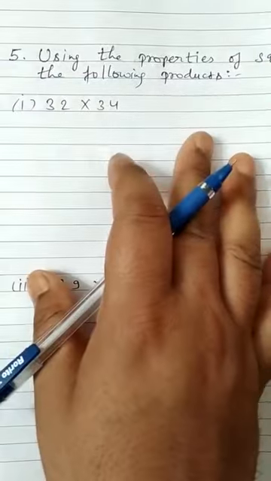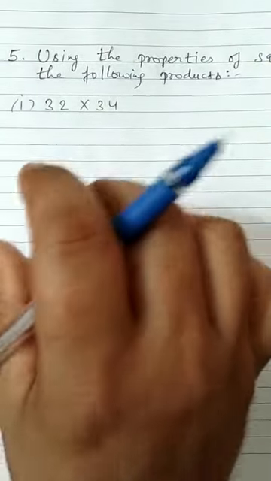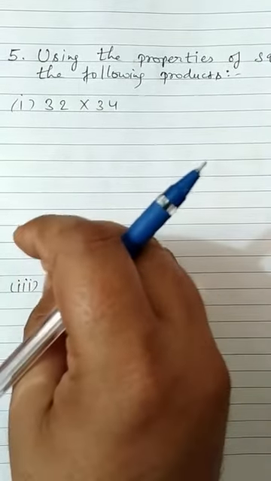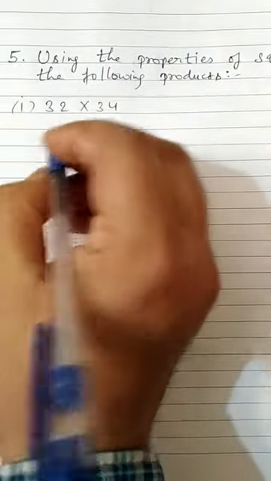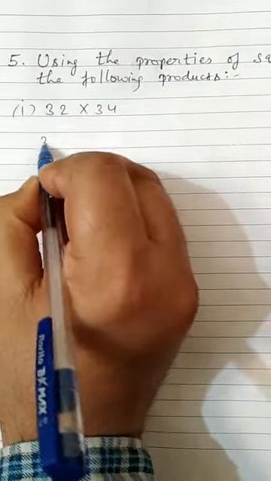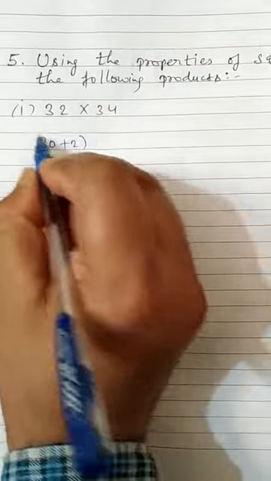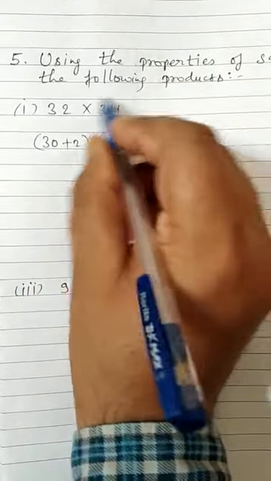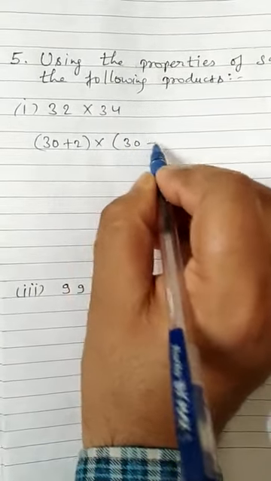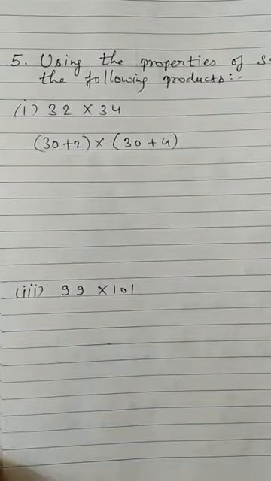So in algebra, we have some specific identities that you have to learn. 32 can be expressed as 30 plus 2 and 34 can be expressed as 30 plus 4.